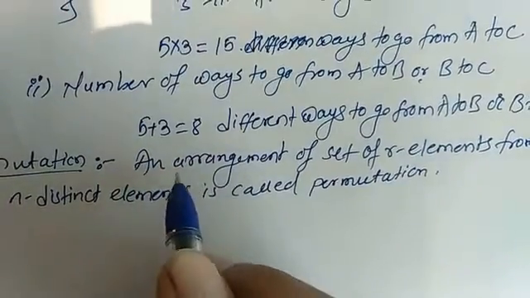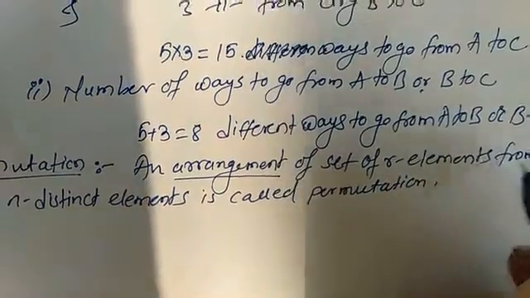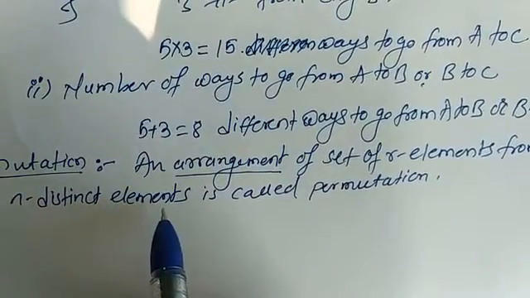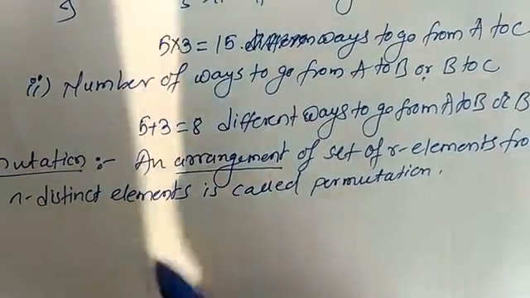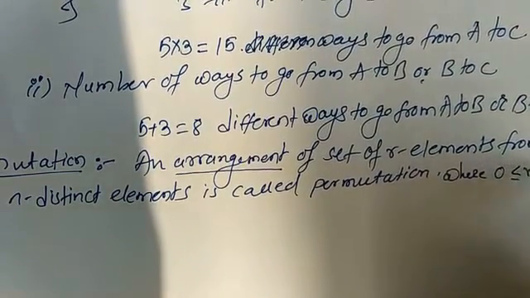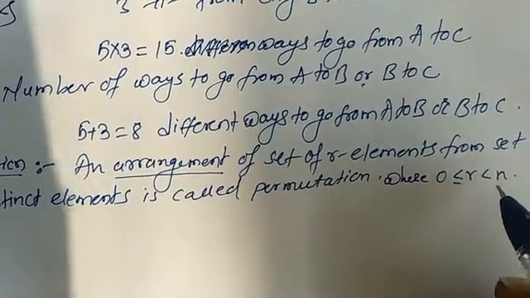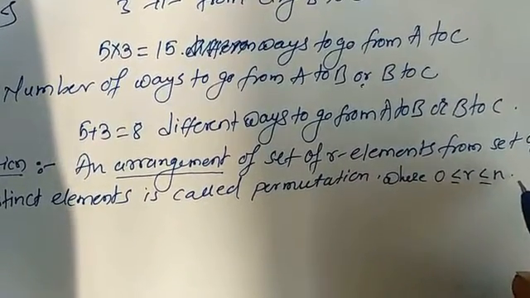Here in permutation we have to make an arrangement of r elements from a set of n distinct elements, where 0 is less than or equal to r less than or equal to n.